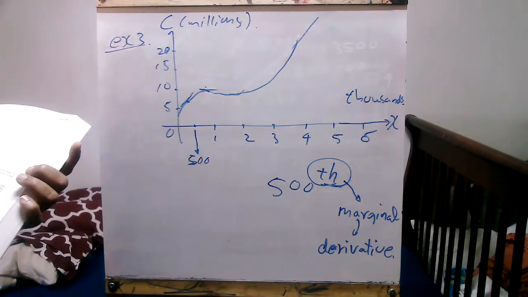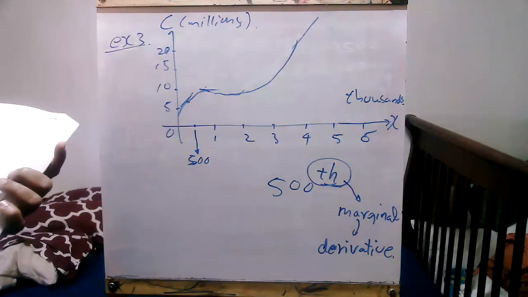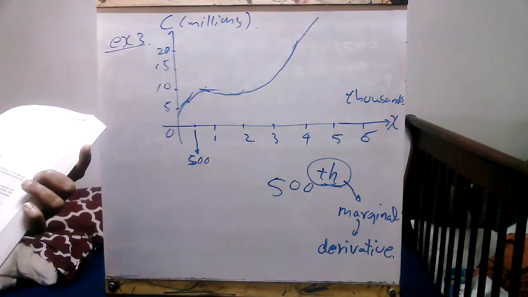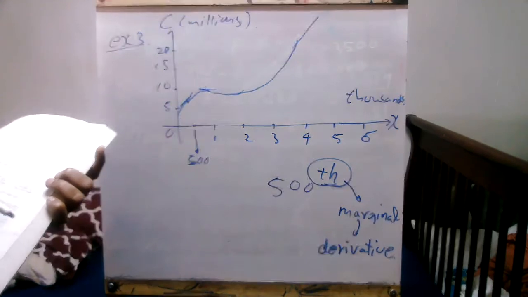The reason is that. Okay, part B, does it cost more to produce the 3000th item than the 4000th item?